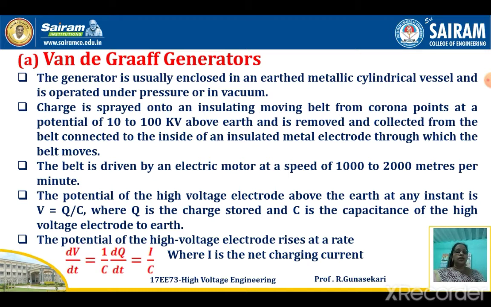The potential of the high voltage electrode rises at a rate dV by dt equal to 1 by C into dQ by dt, that is equal to I by C. You already know I is nothing but dQ by dt, where I is the net charging current.